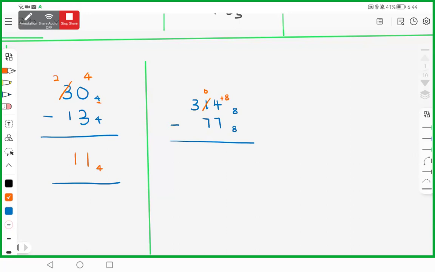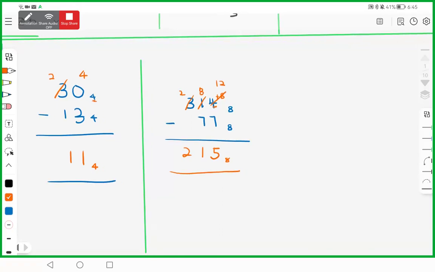So 8 plus the initial 4 gives a total of 12. 12 minus 7 is 5. Now 0 again cannot minus 7, borrow again. So you get only 8. 8 minus 7 is 1, giving 125 in base 8. That's the idea. Once you understand the concept of addition, subtraction is also the same. When you borrow, you get the base only. No extra, remember.